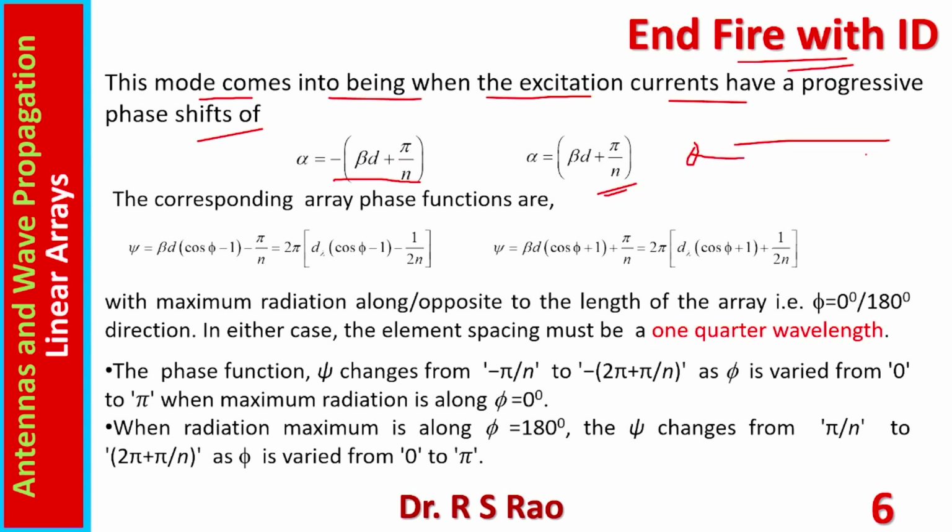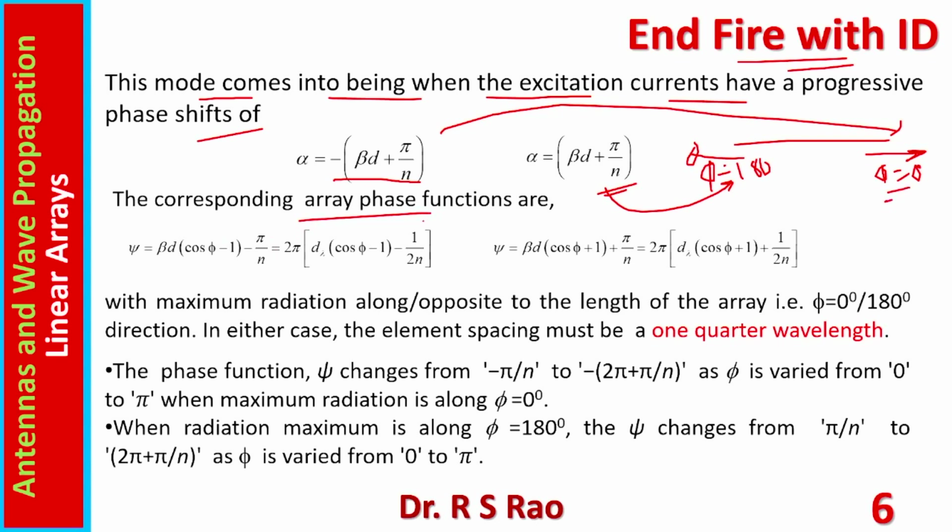In the first case, maximum radiation is like this, along the length of the array, phi equal to 0. This is the situation. When alpha is set to beta d plus pi by n, direction of maximum radiation is along phi equal to 180 degrees. It gives same increased directivity as given by end fire with ID, radiating maximum along phi equal to 0. Now, let us move further.